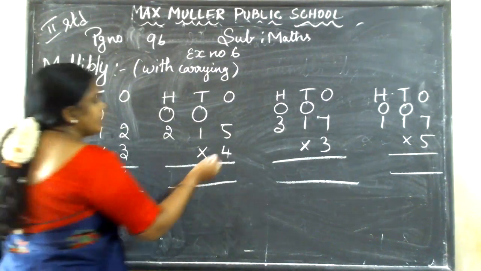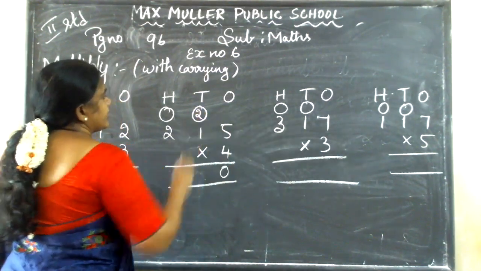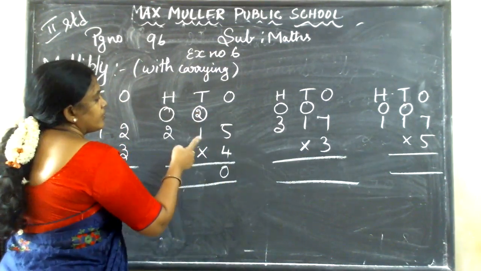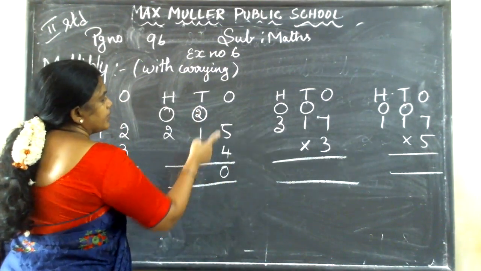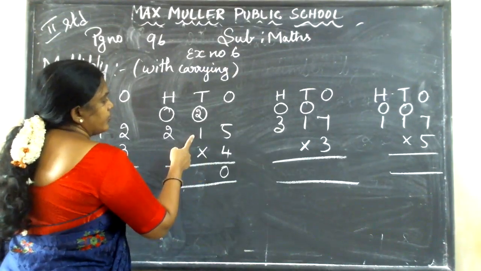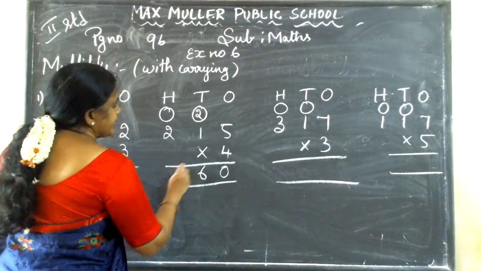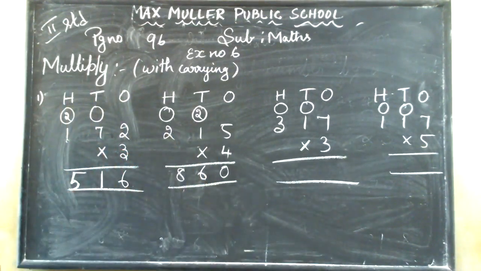Yes, second sum. 4 5s are 20. 0 you write here, 2 carry to tens column. First you want to multiply the ones column, after that you go to the tens column. 4 1s are 4, 4 plus 2, 6. 4 2s are 8. 860.